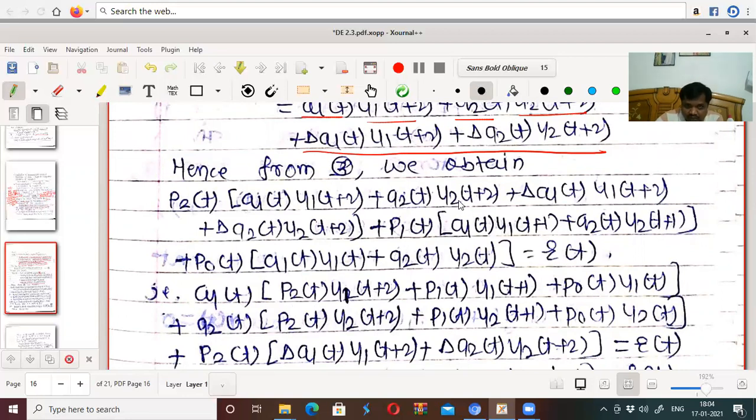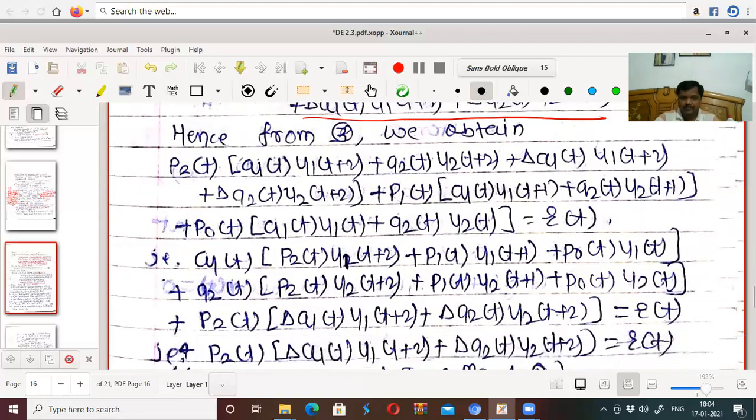We get p2t u2t plus 2 plus p1t u2t plus 1 plus p0t u2t. And now plus remaining term, only this side, p2t delta a1t u1t plus 2 plus p2t delta a2t u2t plus 2. That is, if I take p2 outside, then we get only delta a1t u1t plus 2 plus delta a2t u2t plus 2 equal to rt.